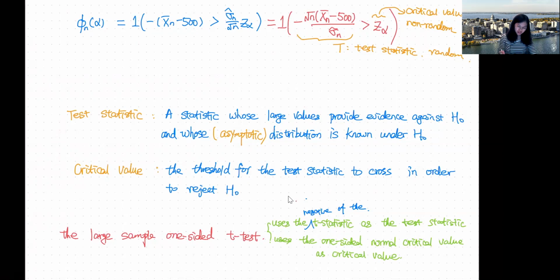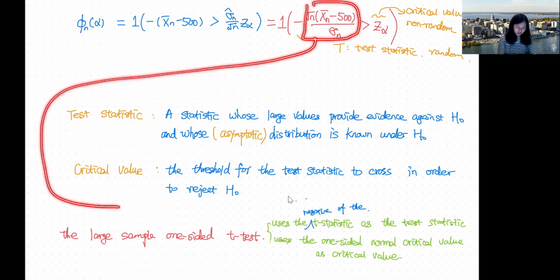And in particular, in this example, this statistic is called the t-statistic. I want to say that you don't always use t-statistics. You sometimes use other test statistics. But for the example of the battery runtime, we were testing about the population expectation.